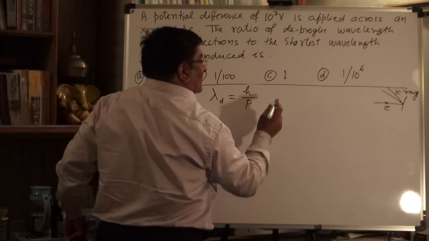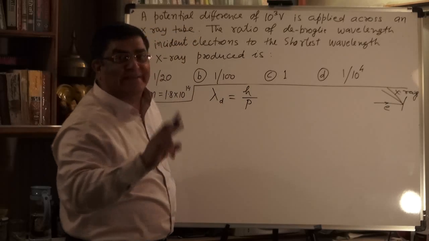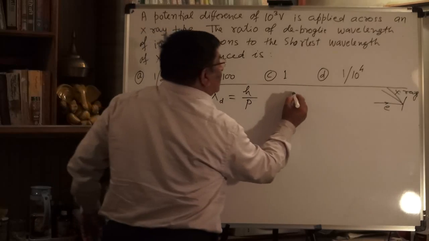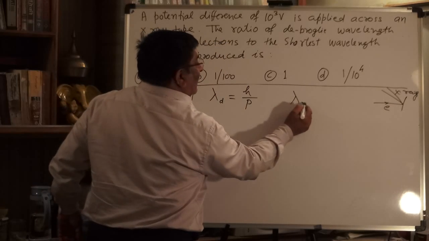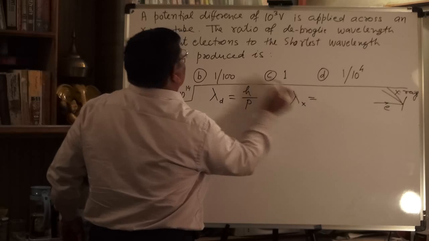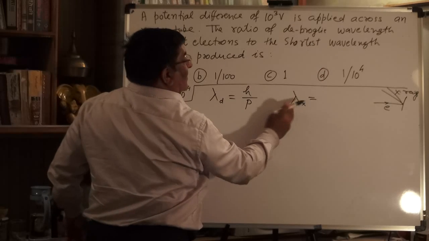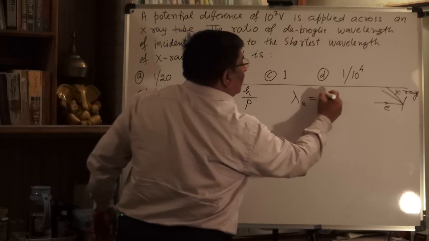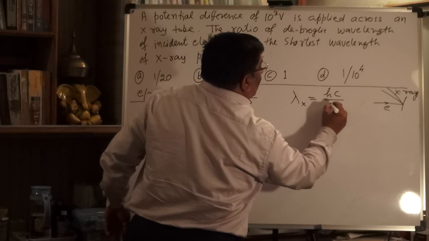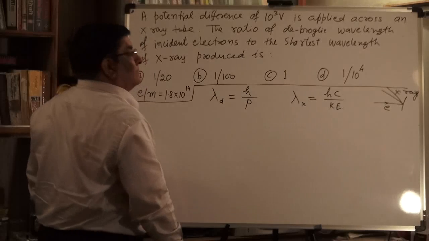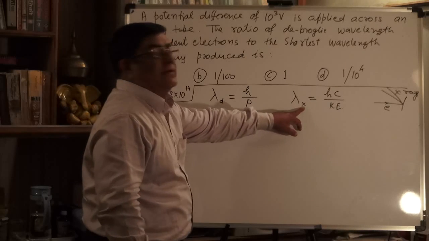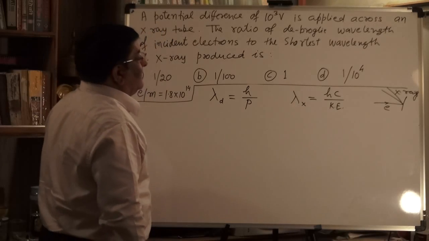We know the formula for that shortest wavelength from the chapter of X-rays. I will write it as lambda x, the shortest wavelength, and for this we have the formula hc upon kinetic energy.